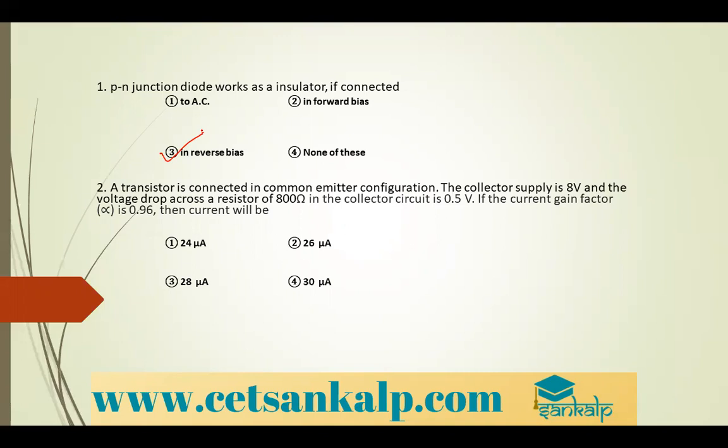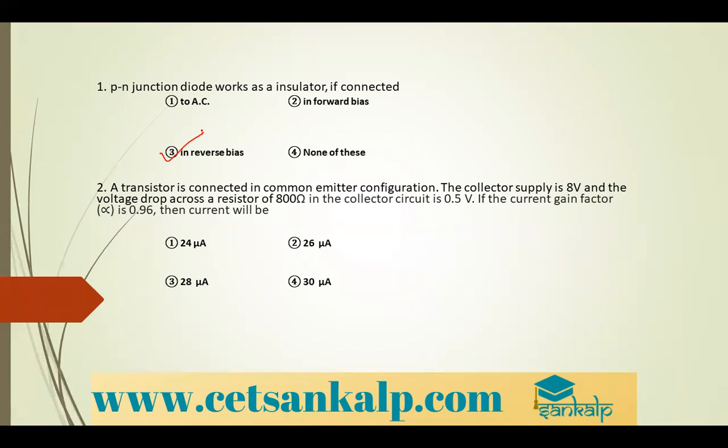a transistor is connected in common emitter configuration. The collector supply is 8 volt and the voltage drop across a resistor of 800 ohm in the collector circuit is 0.5 volt.